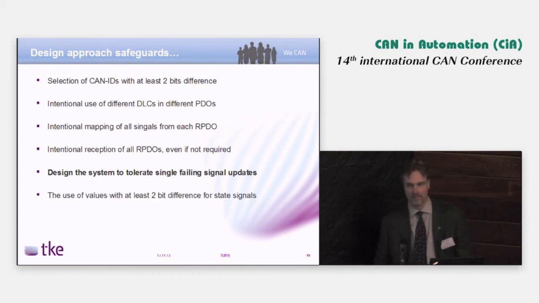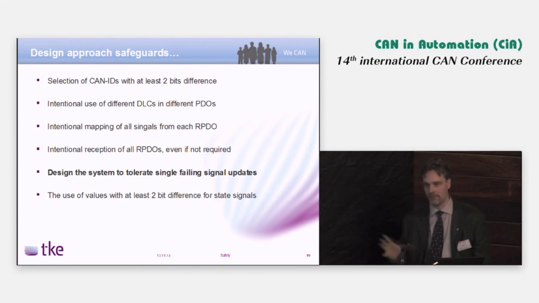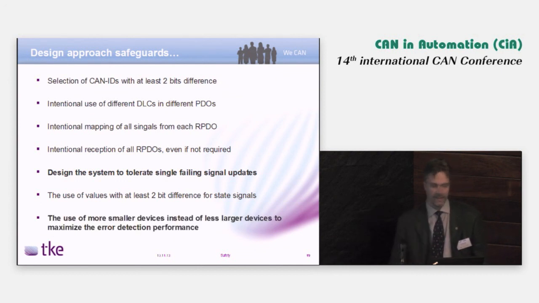And also, if we have state signals, we can distribute the values so that there are changes in at least 2 bits. And based on even the old analysis made by Bosch, it is very obvious that more smaller devices is far better from an error detection point of view than only a few large devices.